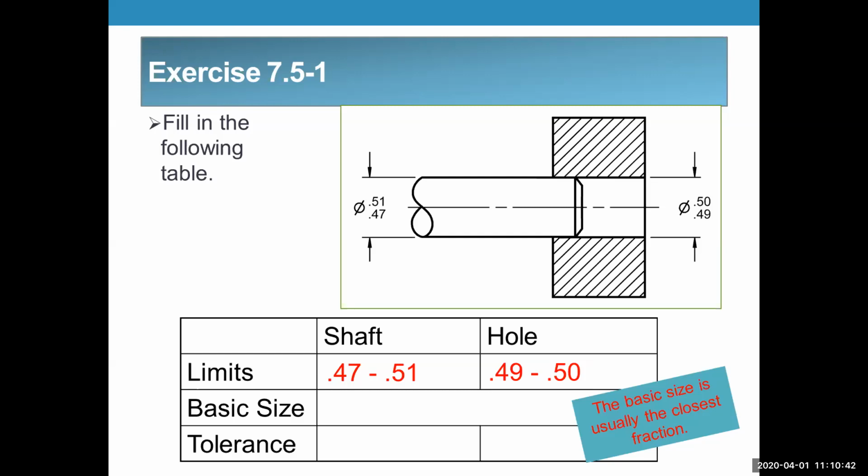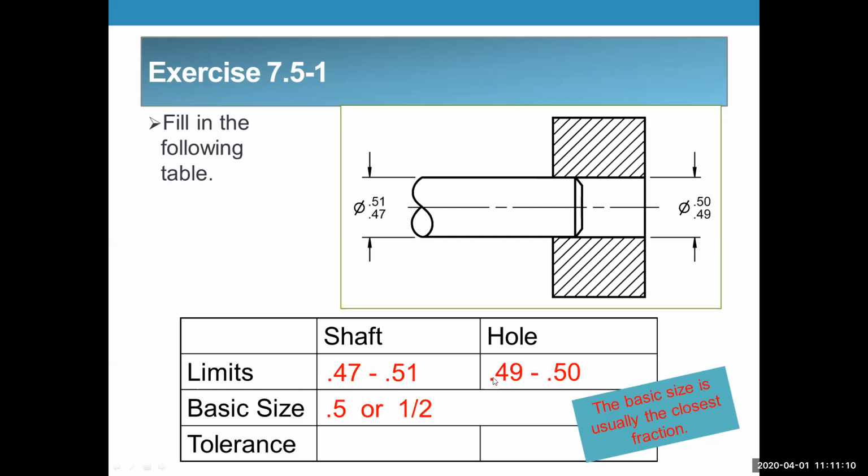It's not just the midpoint between these two, obviously, because neither one of them comes up to 0.50. But somewhere within this limit is 0.50, and obviously 0.50 exists within this limit because it's one of the numbers. So the basic size is 0.50, or half an inch.